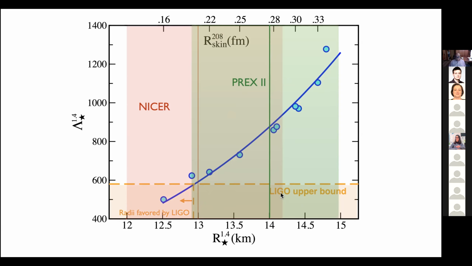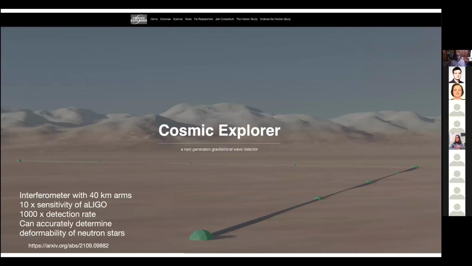So how could you greatly improve this LIGO observation? Cosmic Explorer is a proposal for a next generation gravitational wave detector for the 2030s. This detector would have 40-kilometer arms. So it's a laser interferometer. The arms are 10 times longer than the present 4-kilometer arms.